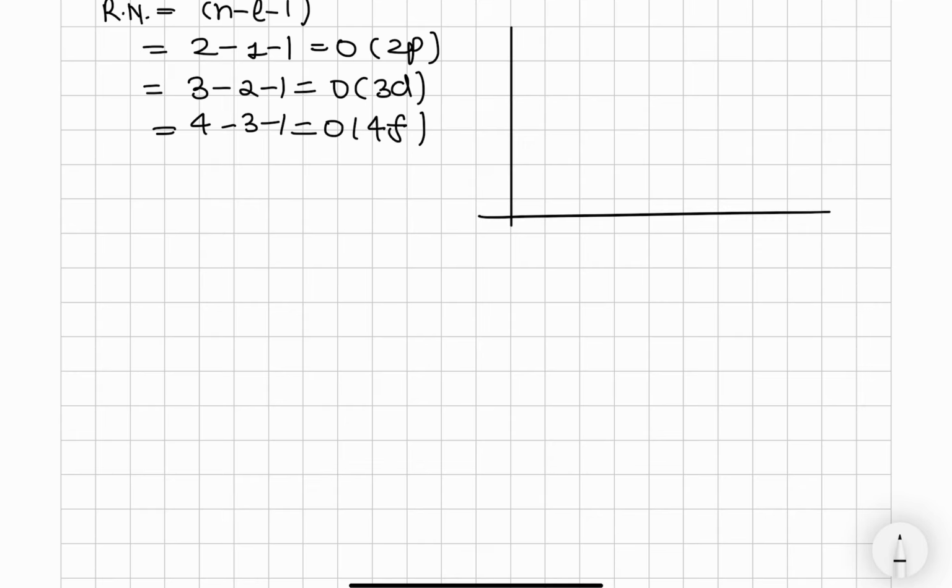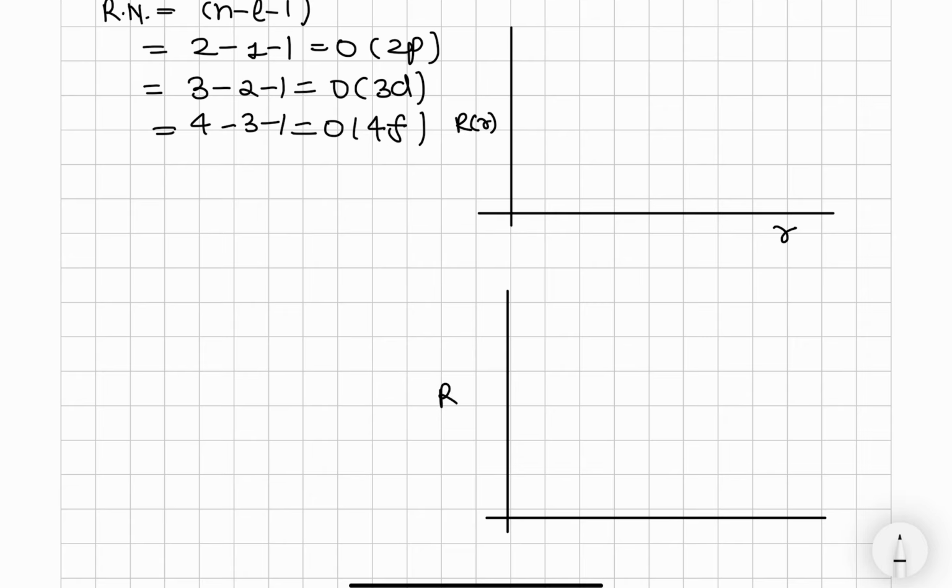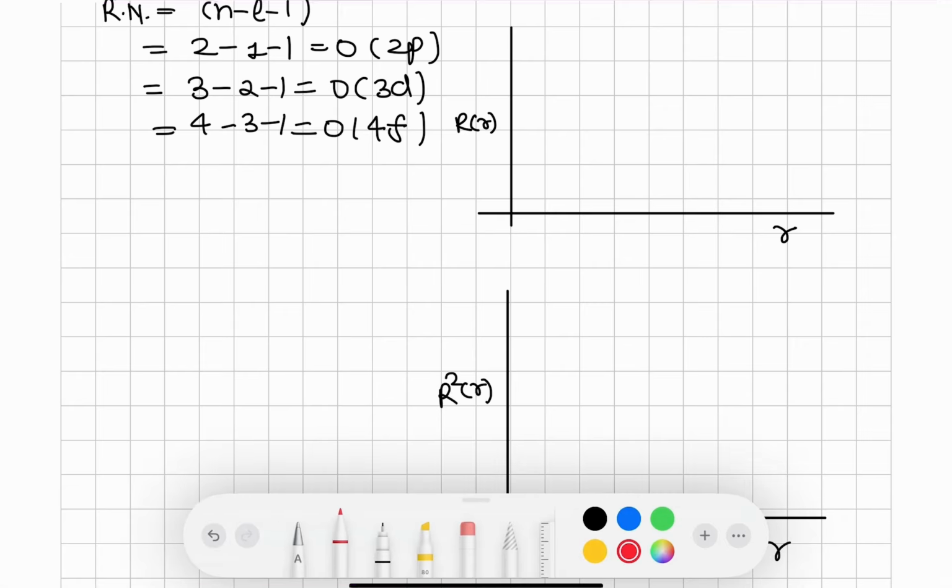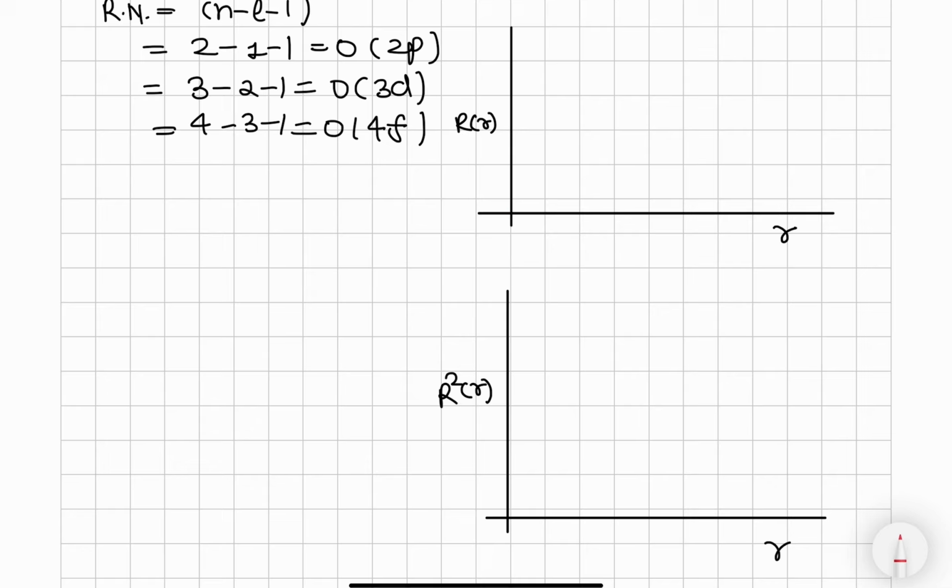This will be y-axis, x-axis. Okay, this will be RR versus R. This will be R square R versus R. Okay, draw the graph.